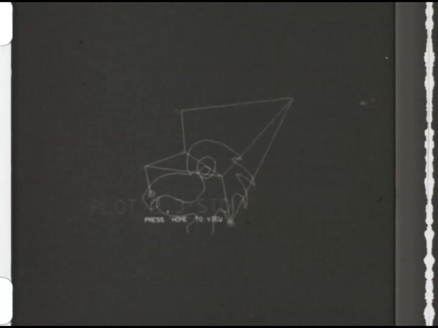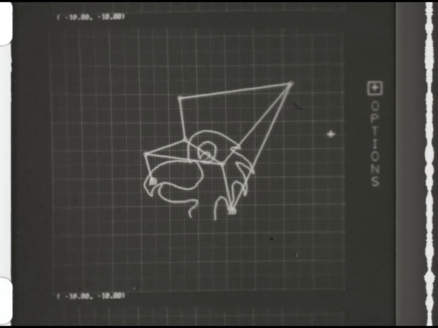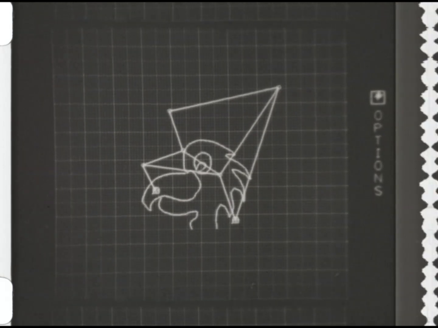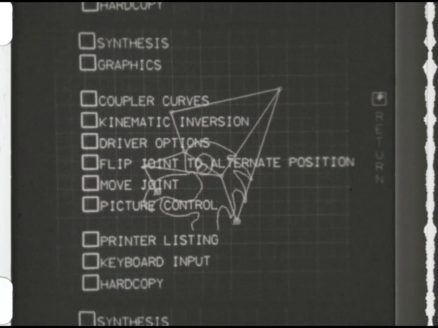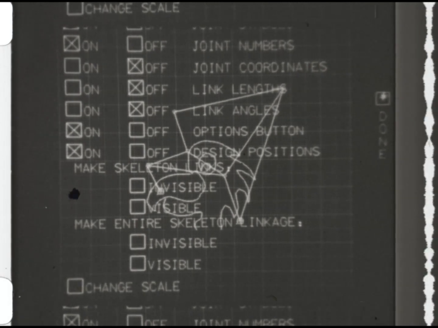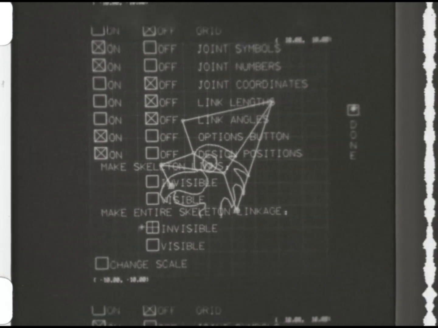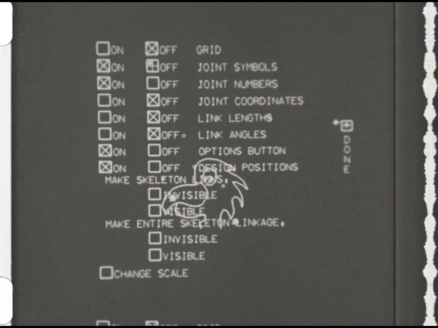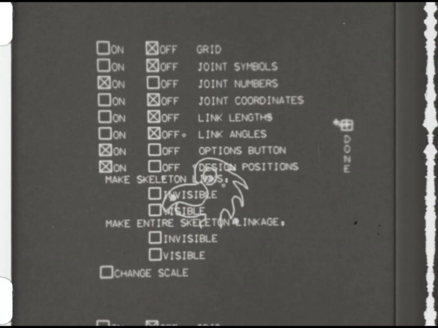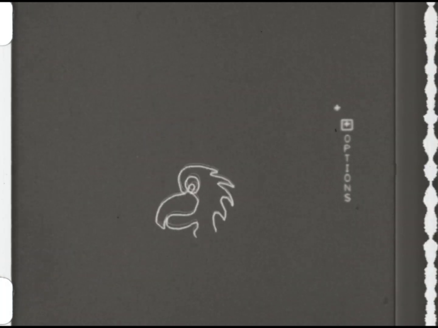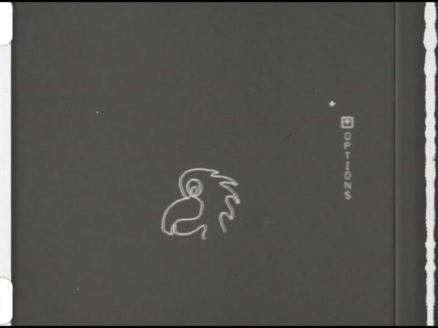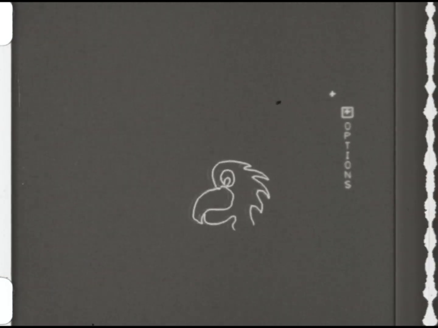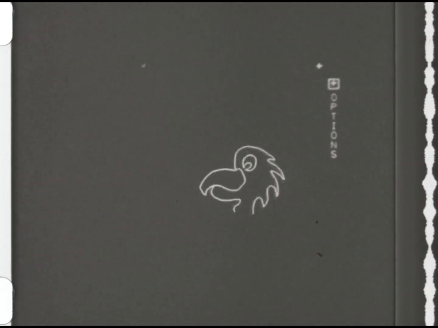Let me turn off the grid, and let me make the linkage invisible. And let me make the joints of the linkage invisible. And now we can see how that picture moves when driven around by that linkage that I just designed.